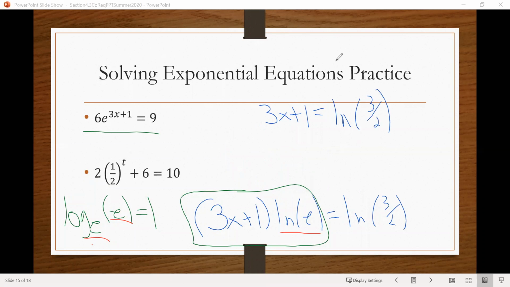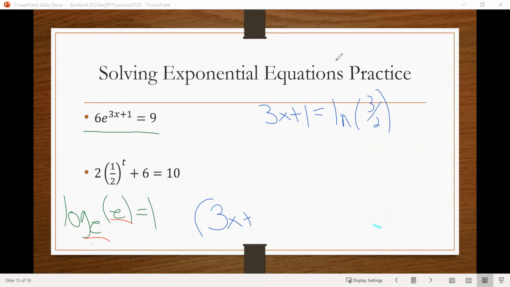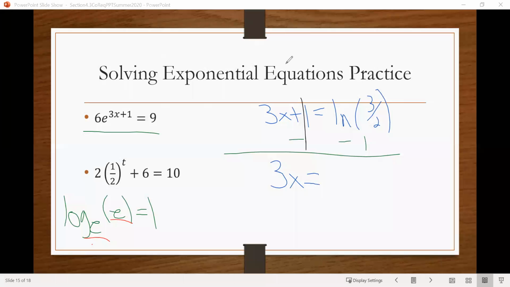We can finish there by subtracting 1 from both sides and then dividing both sides of the equation by 3. So subtract 1 here, subtract 1 here, and we'll have 3x equals, the 1's cancel, ln of 3/2 minus 1. We're just going to leave those as two separate terms.